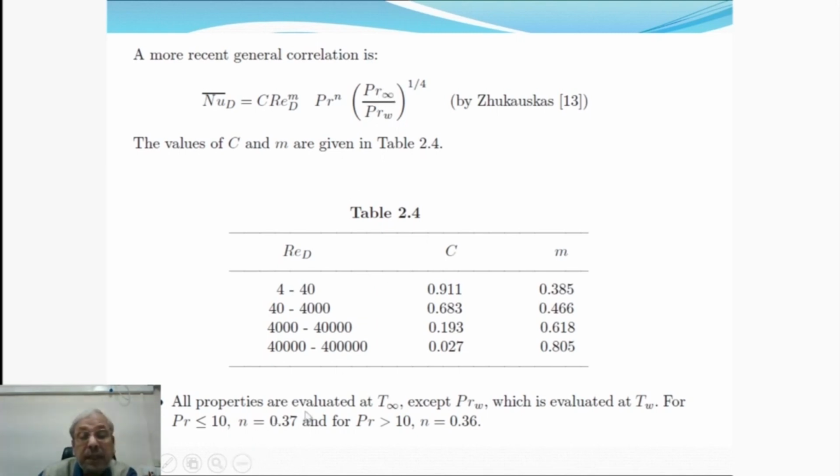So all the properties are evaluated at T infinity except Prandtl at wall temperature, which is evaluated at T W. For Prandtl number less than or equal to 10, n is 0.37, and for Prandtl number greater than 10, n is 0.35.